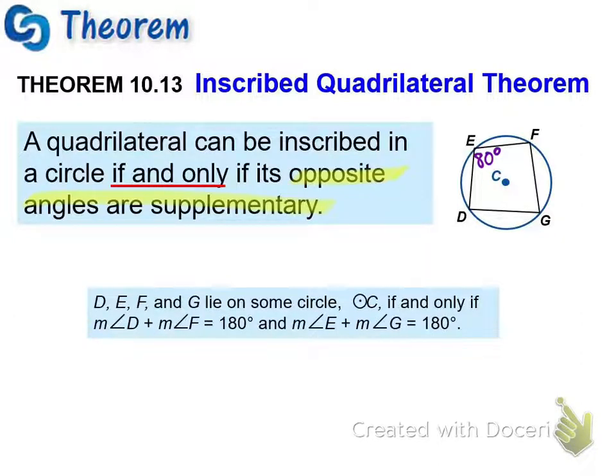G. So what would G be? 100 degrees. And if angle D was 120 degrees, that means angle F would be 60 degrees. So that's all that it's saying in this section. The ones across from each other will add up to 180.